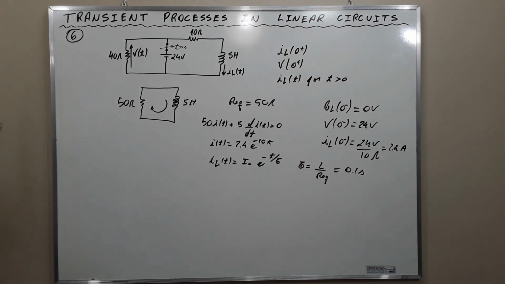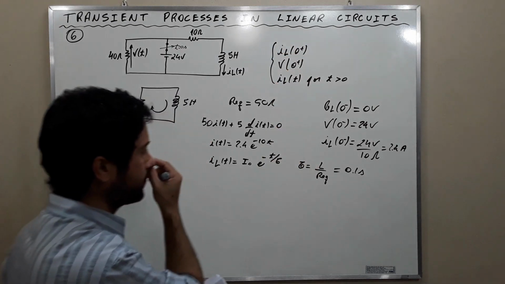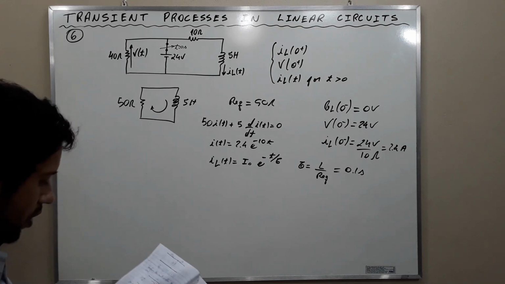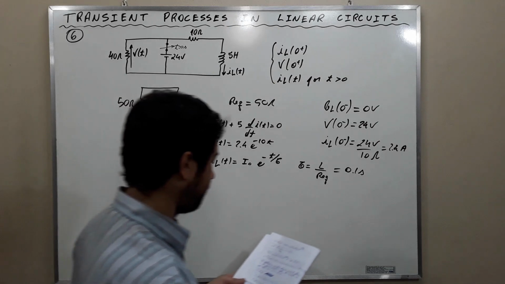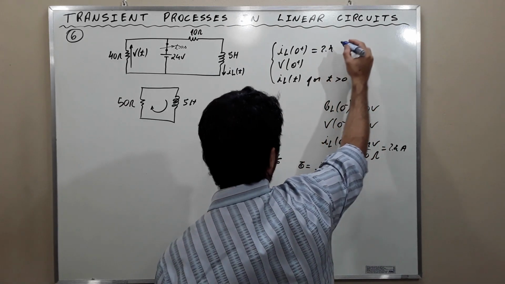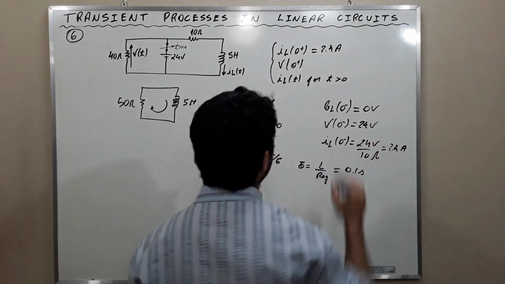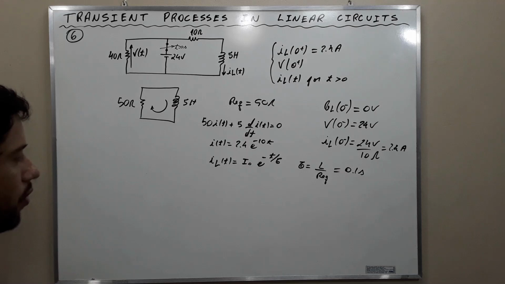Okay, and what did the exercise want? The exercise wanted us to determine this. This is what we need to determine. The initial value of the current is 2.4 amps. The value of V, now we're going to calculate.